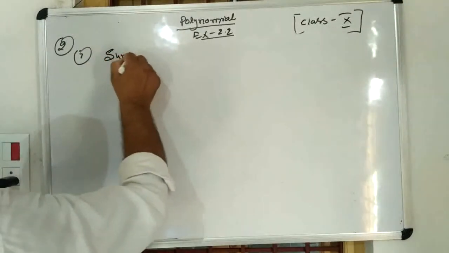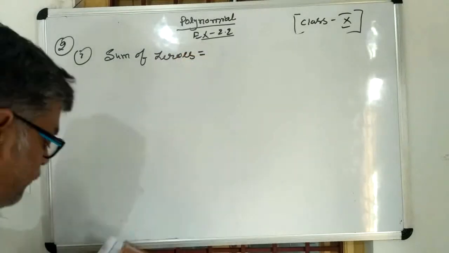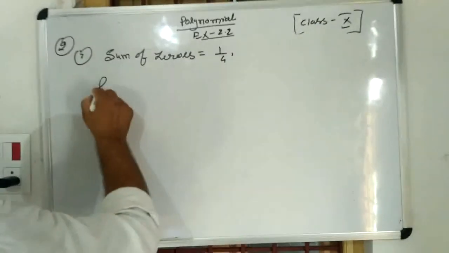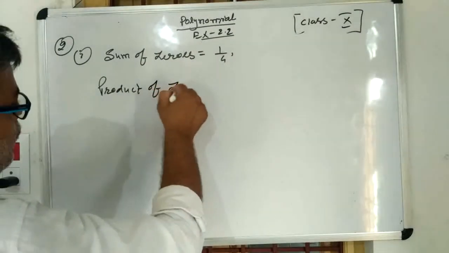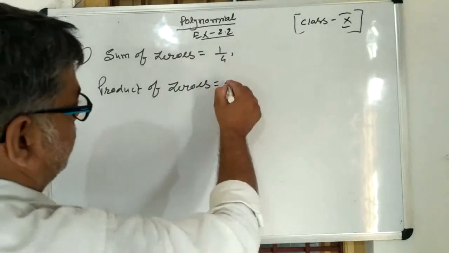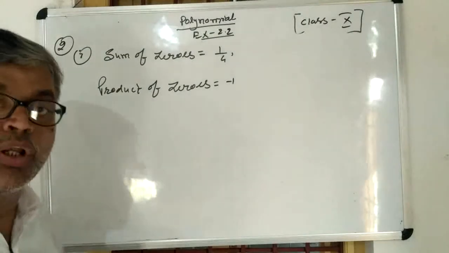The first one has sum of zeros 1 by 4, and thereafter product of zeros, the second number, is minus 1. Now you need to form the quadratic polynomial.